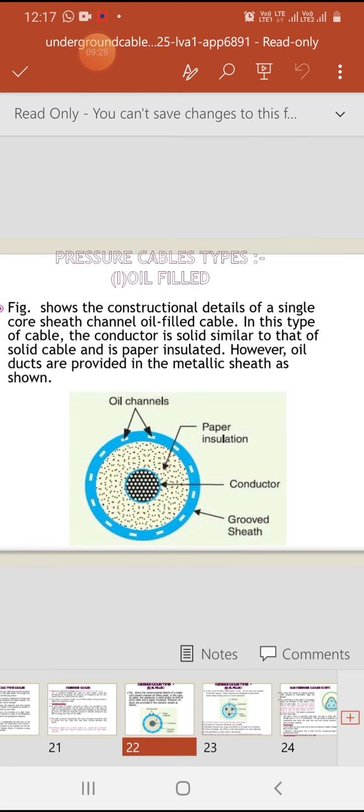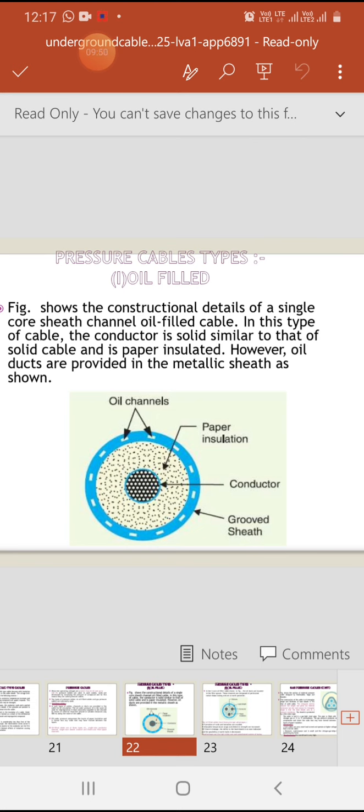The oil under pressure is supplied to the channel by means of an external reservoir, and the channel is made of spiral steel tape which allows the oil to percolate between copper strands to the wrapped insulation.